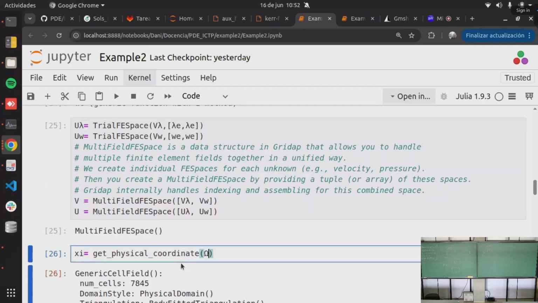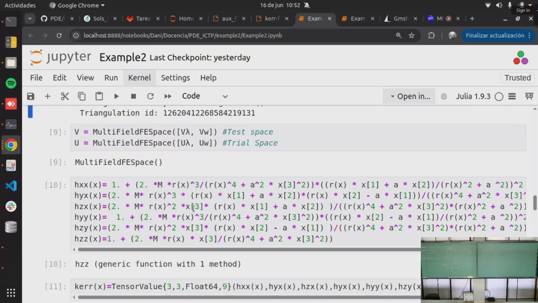Okay, I defined it before. And this is information of the tensorial space, the tensor that I need to solve the equation. Remember that our initial system has three unknown functions.